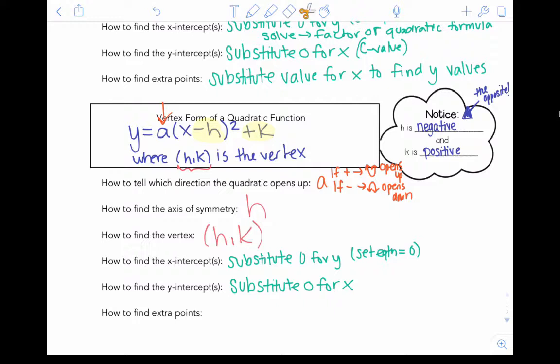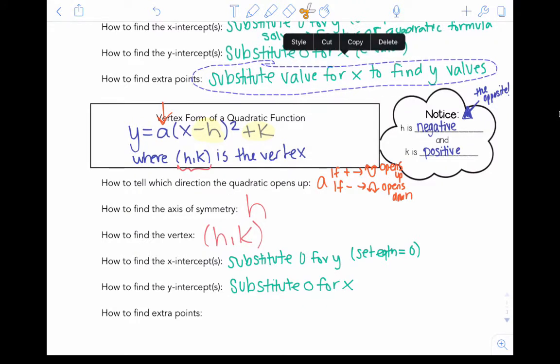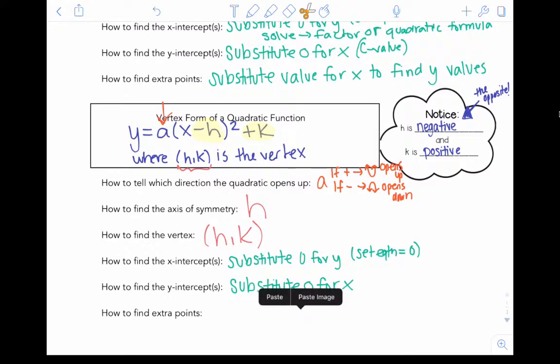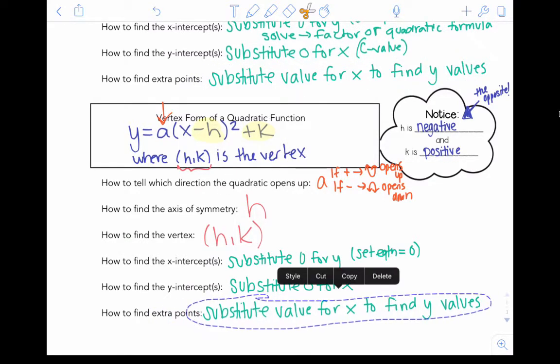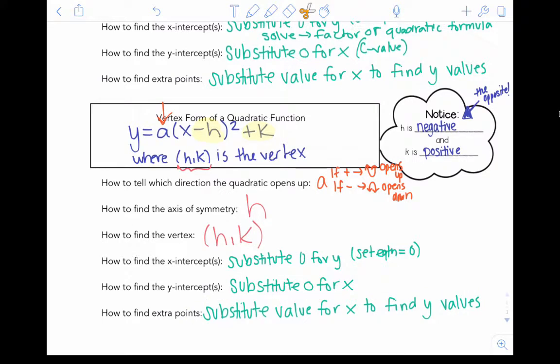And then how to find your extra points? Well, you're going to substitute the value of x to find your y values just like before. So these last three things are the same. You're just going to go through solving a little bit differently. And remember, you can also reflect over the axis of symmetry as well.